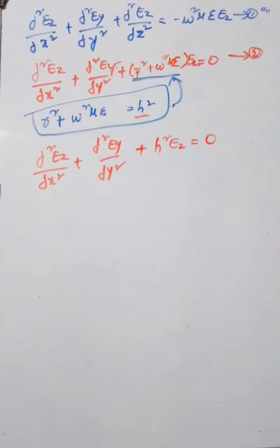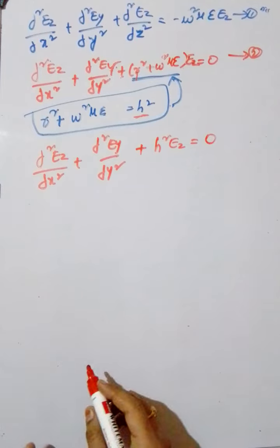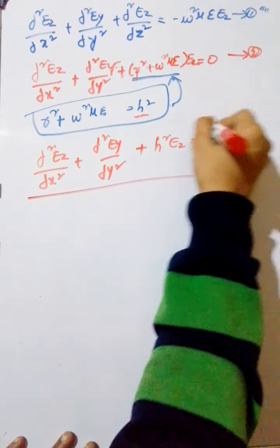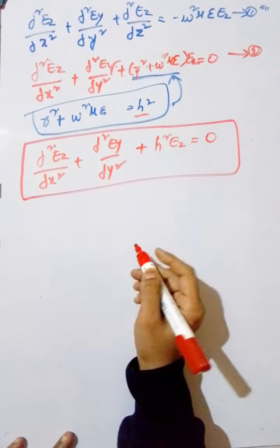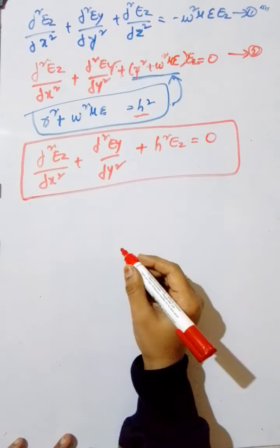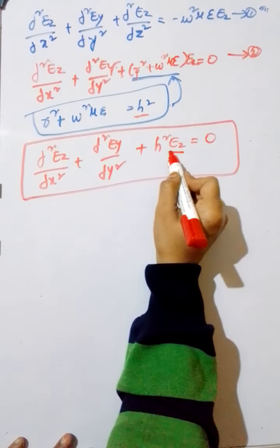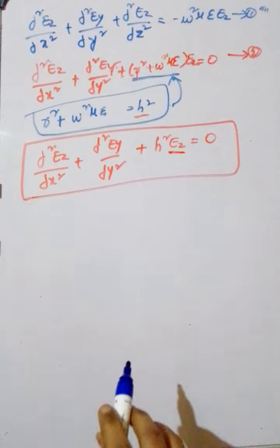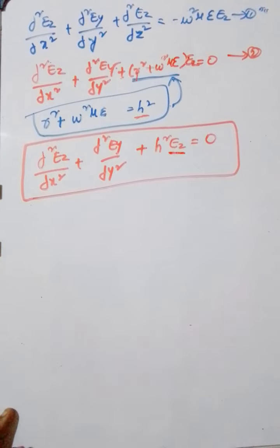Okay, now here h square Ez is equal to 0 for TM waves, transverse magnetic waves. Here if we substitute Ez with Hz, we will get transverse electric.